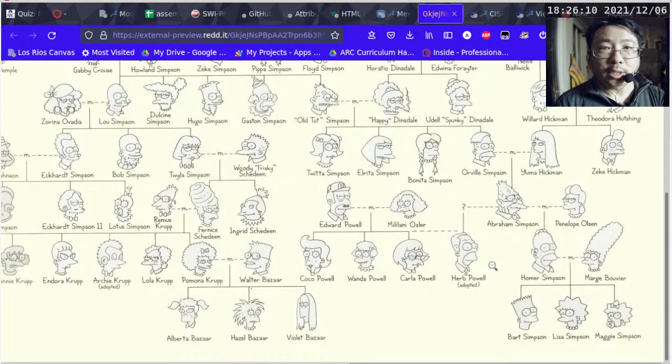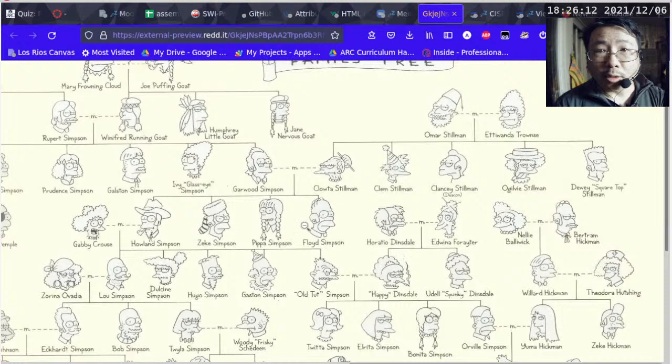And because they trace their ancestry all the way up to, I think Howland is the one. Yep. So Howland Simpson is the common ancestor that we are working with here, and then we have Otut, and then we have Twila, and so on.